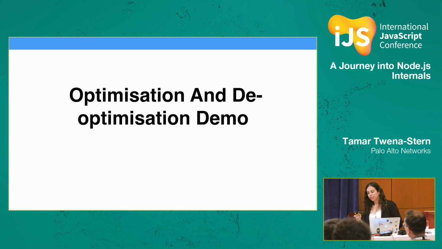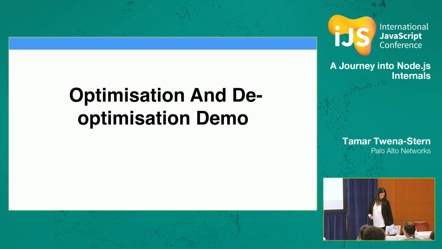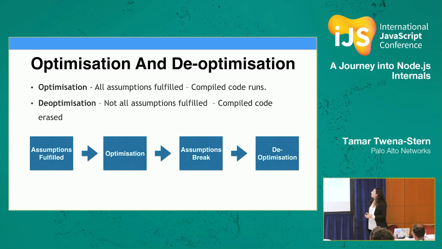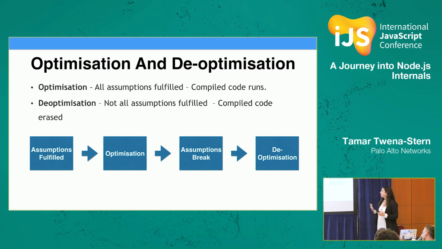So optimizations. When the compiler is optimizing something, it's making assumptions. If all of the assumptions are fulfilled, this is optimized and the compiled version is created.